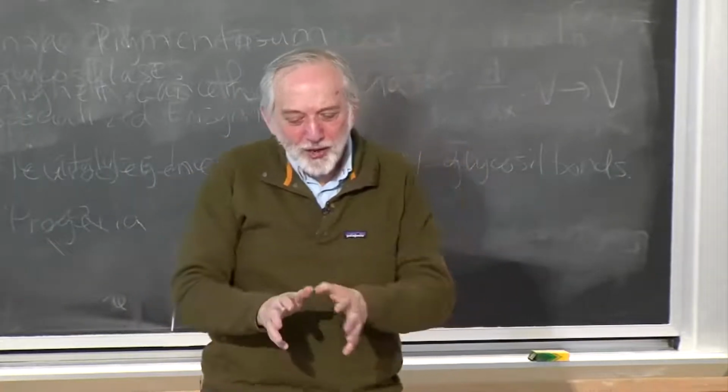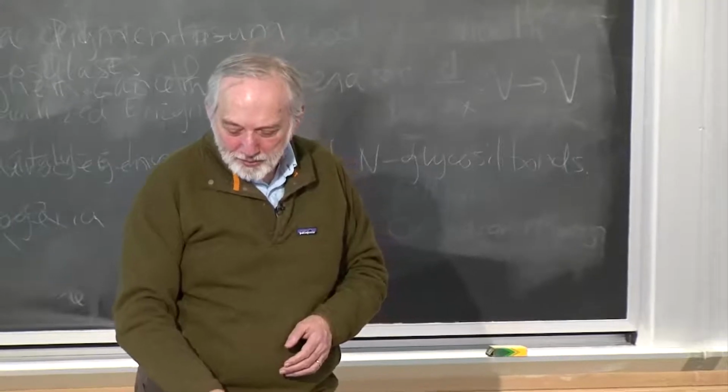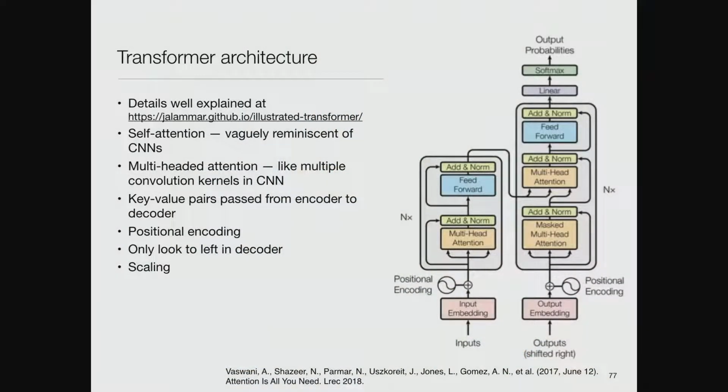So then for a while, that was the state of the art. And then last year, these guys, Vaswani et al., came along and said, you know, we now have this complicated architecture where we are doing the old style translation, where we summarize everything into one vector and then use that to generate a sequence of outputs.